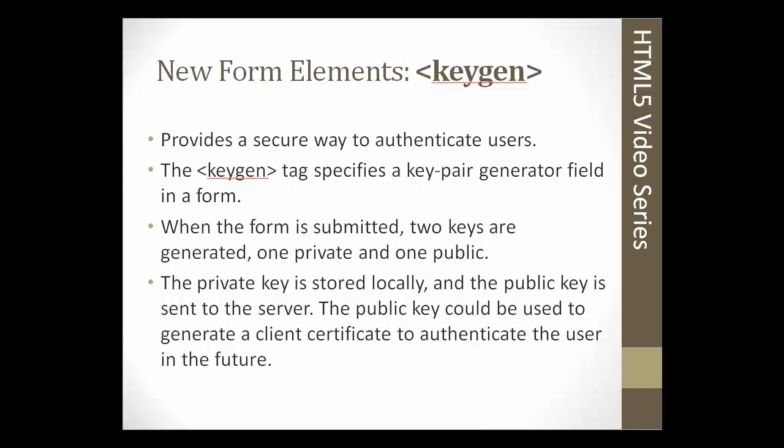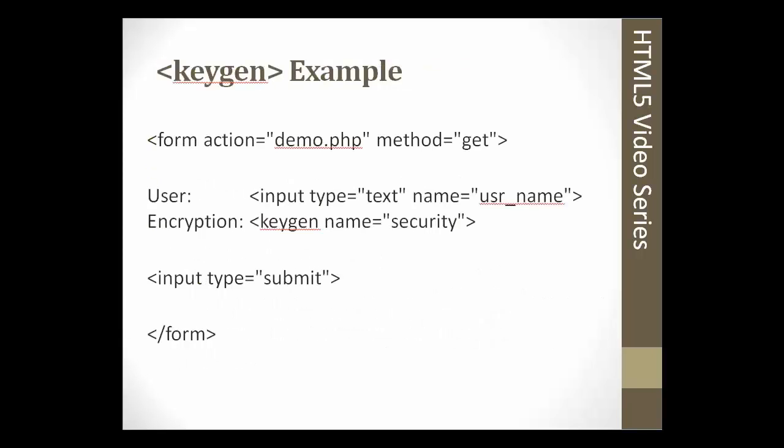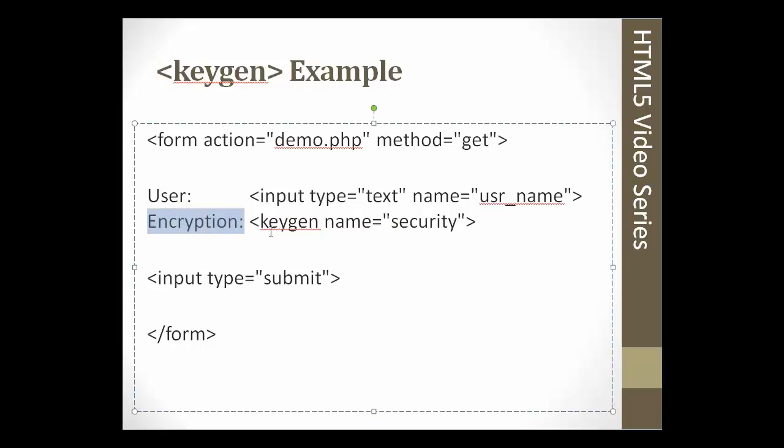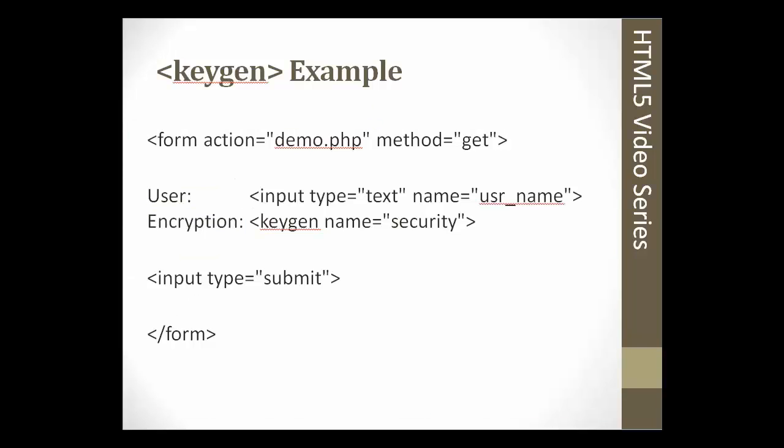I haven't used this yet. It looks pretty neat, but a little advanced. Here we have an example: a form going to a demo.php file using the get method. We'd have a text field for the name, and then encryption with a keygen tag and the name security, and then the submit button. I'm not going to get too deep into that.